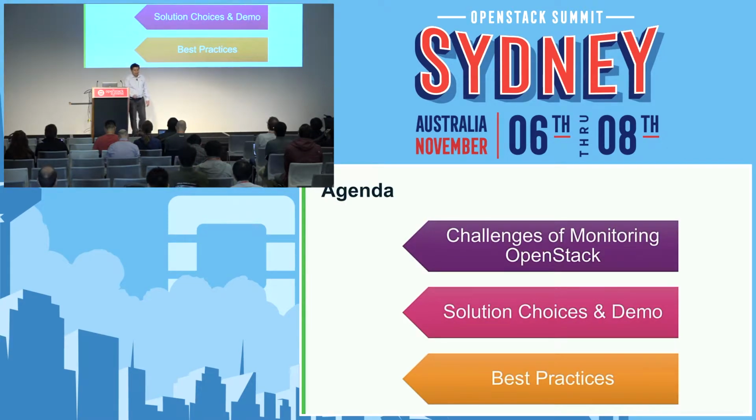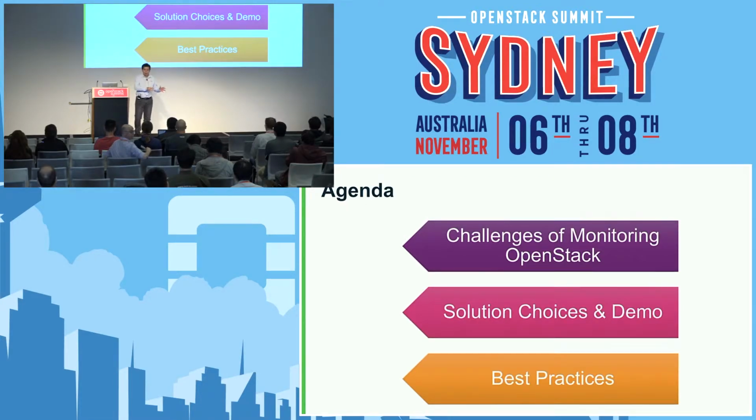Today, I'm going to divide my presentation into 3 parts. First, I will talk about why it's important to monitor your OpenStack. Then I will talk about the key challenges we have when doing it. We will also talk about the solutions available today.